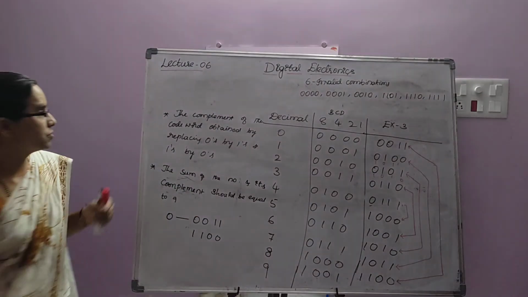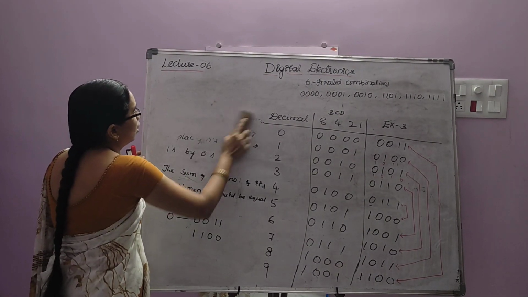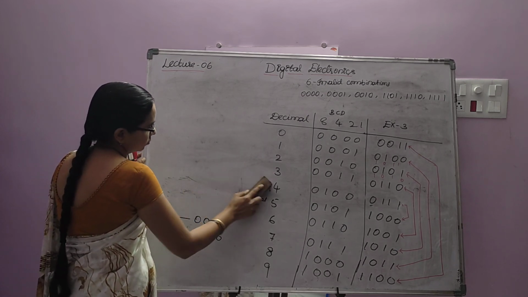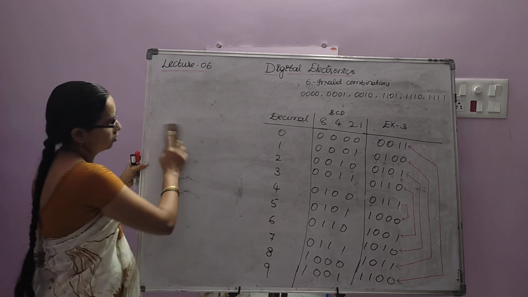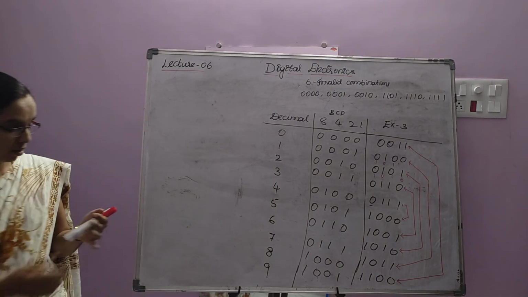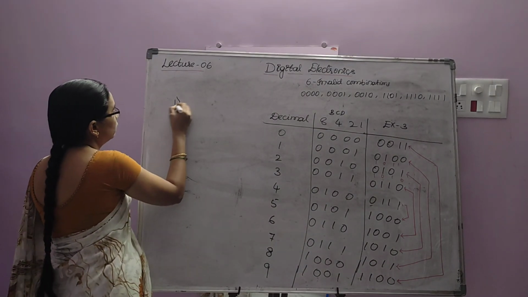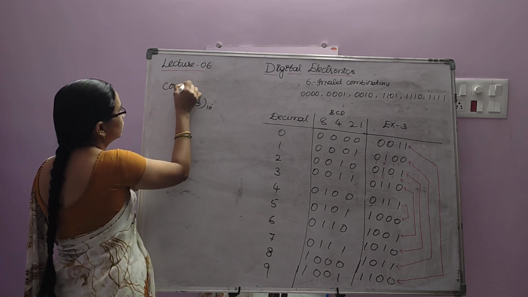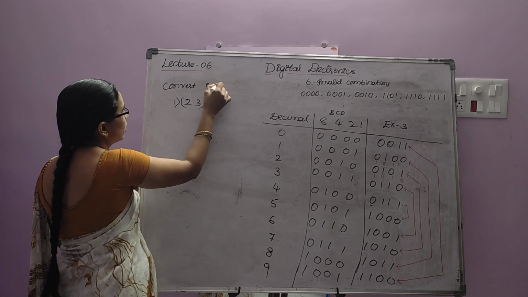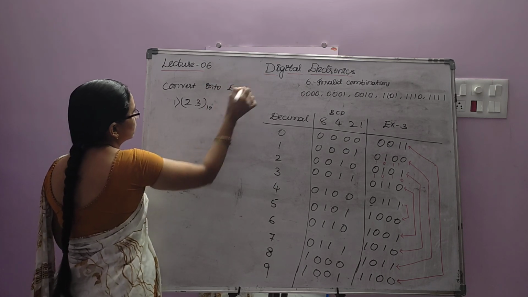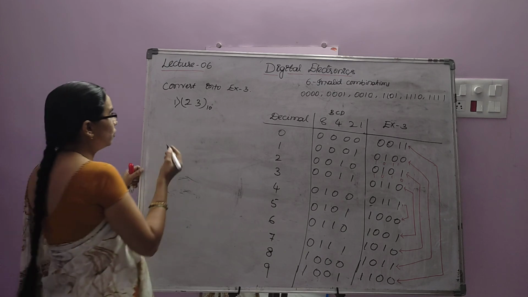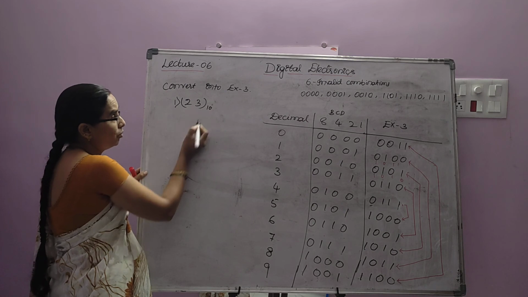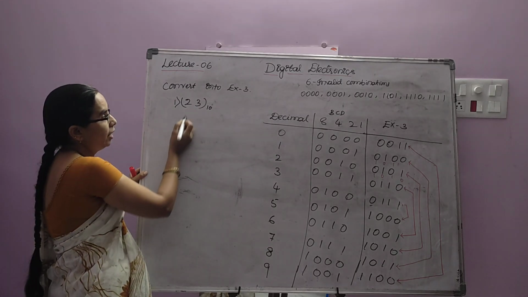Okay. Let us solve some more examples on XS3 conversion. Let us convert 23 of decimal into XS3. For that, what I have to do is add 3 to this 3 and 3 to this 2.